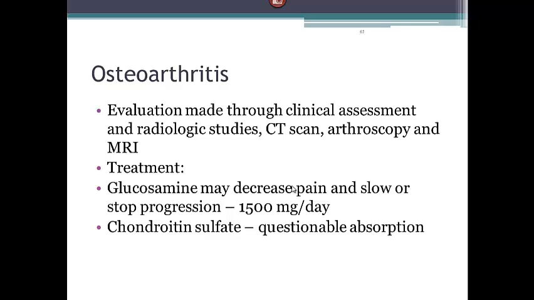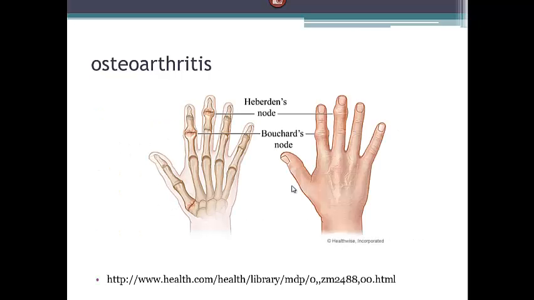Glucosamine with chondroitin. In research, it's been proven that it works, but it has a questionable absorption. These are the Heberden's nodes in the distal phalangeal and the Bouchard's in the proximal phalangeal.